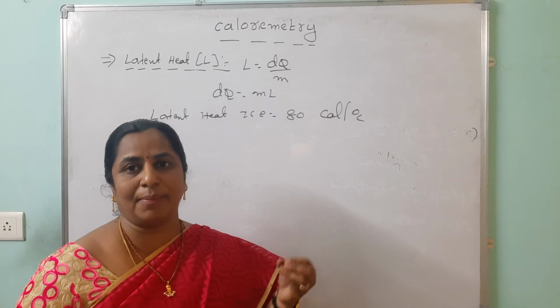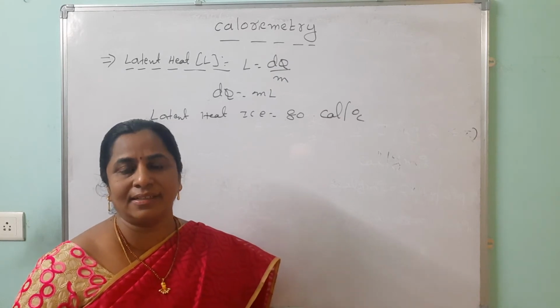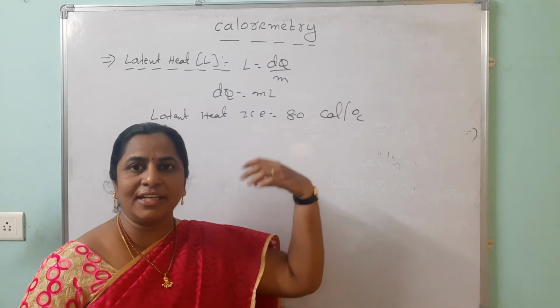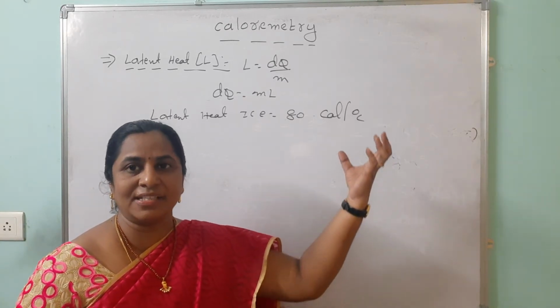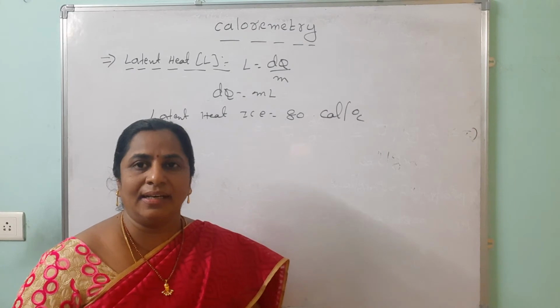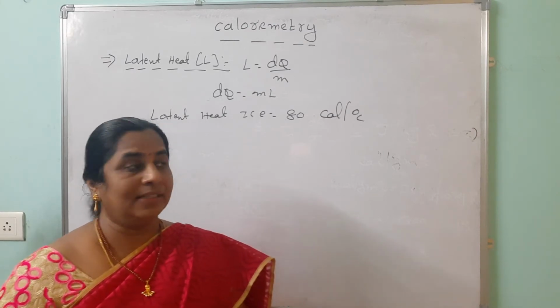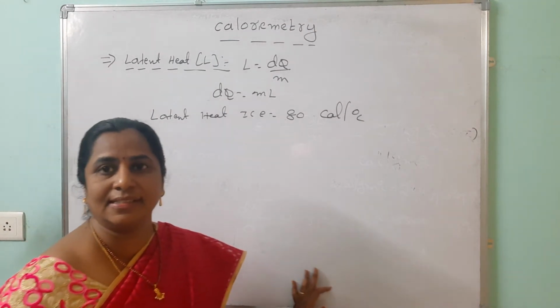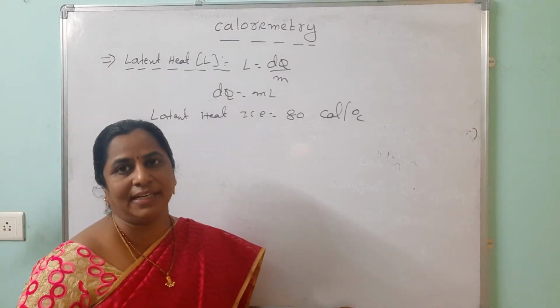Either freezing or melting, both we should consider as latent heat of fusion. Like that, if it is converting from liquid to steam or steam to liquid, that is called the latent heat of vaporization. So this is about the latent heat. We have to consider that it happens at constant temperature only.